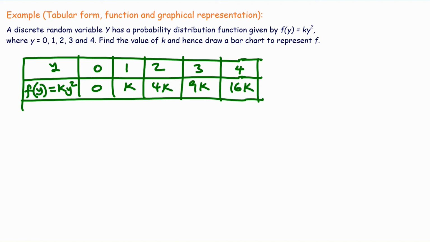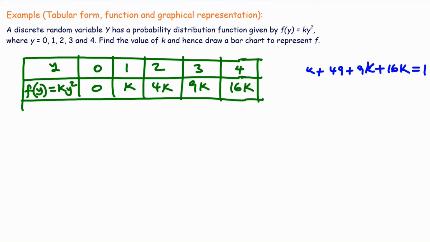So, obviously, we know that probabilities add to 1, which means that 0 plus k plus 4k plus 9k plus 16k should be equal to 1. All probabilities add to 1.